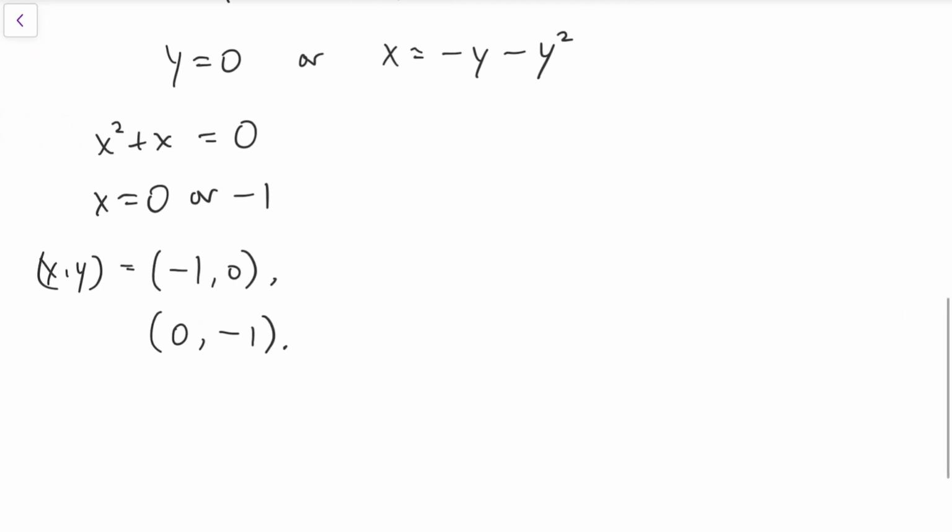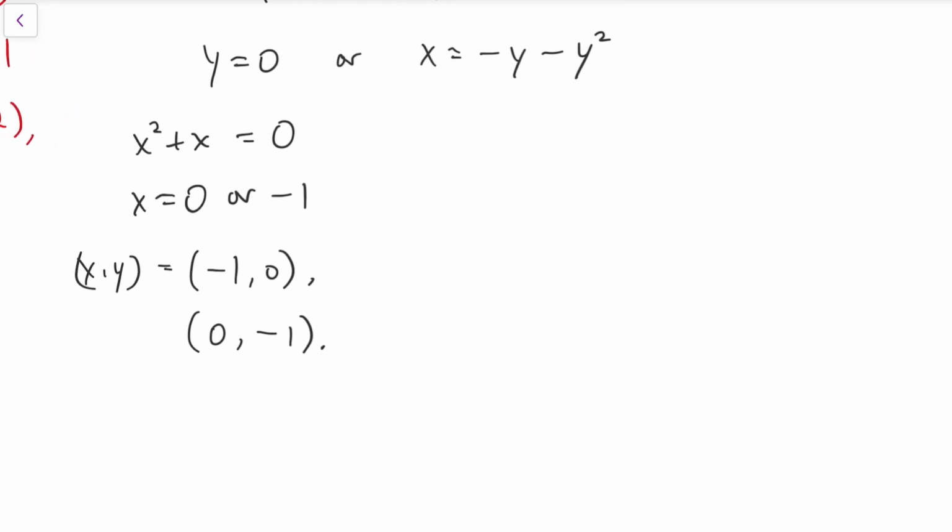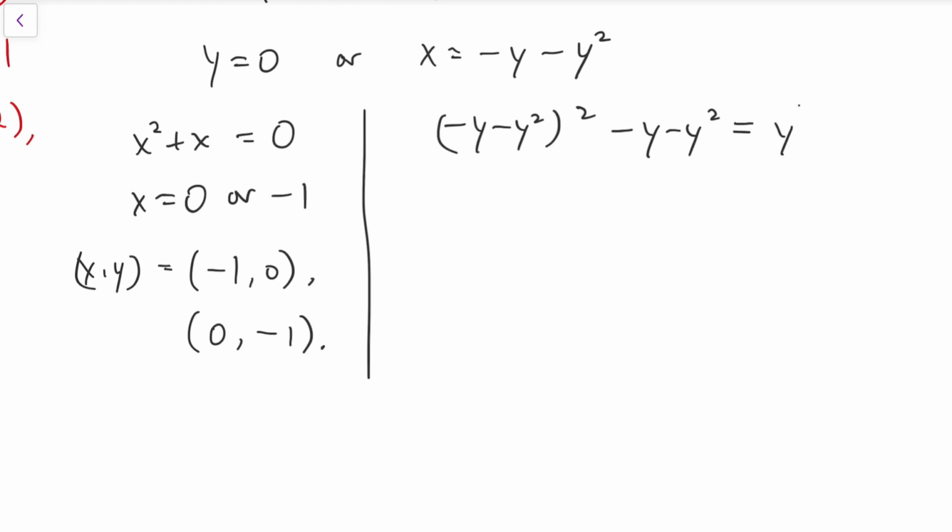Now for the other side, x equals minus y squared. We can put that into the first equation again. And we have minus y squared all squared minus y squared equals y cubed minus y.